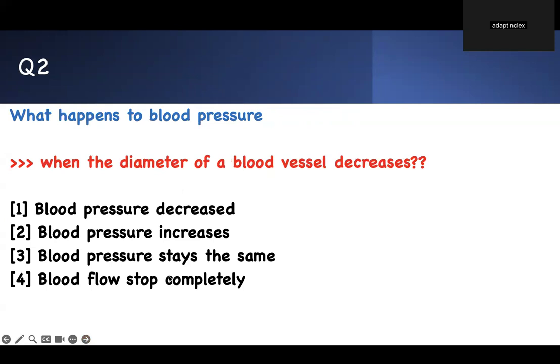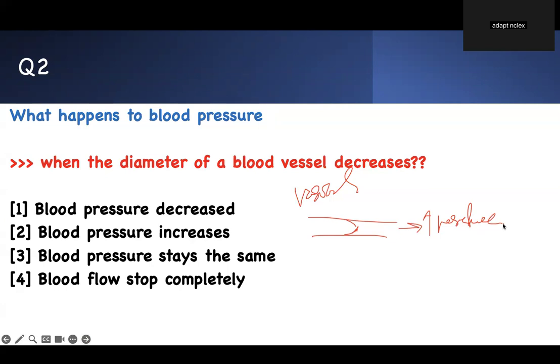Next question. When the diameter of a blood vessel decreases, what happens to the blood pressure? This requires a little bit of content. So, how does blood pressure come about? We have something we call vasoconstriction. That means if this is the vessel, it's going to tighten up. When it tightens up, it resists passage of fluid, blood, and that is what we call increased resistance.